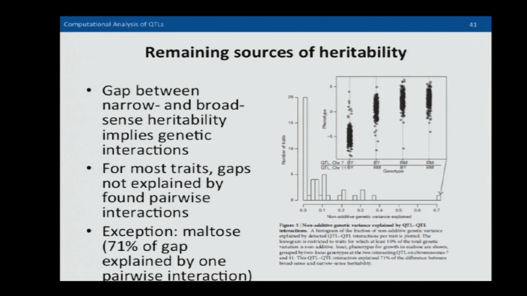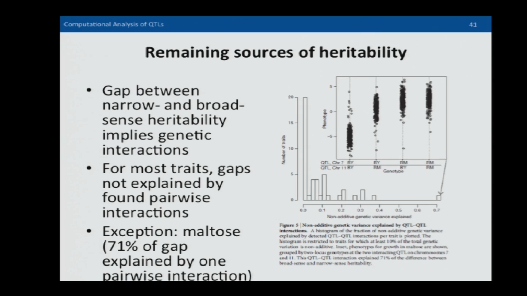And you can see in the dot plot, on the upper right-hand part of this slide, how when you have BY, BY, you have a lower phenotypic value than when you have just any RM component on the right-hand side. So those were two different SNPs on chromosome 7 and chromosome 11, and showing how they interact with one another in a nonlinear way.